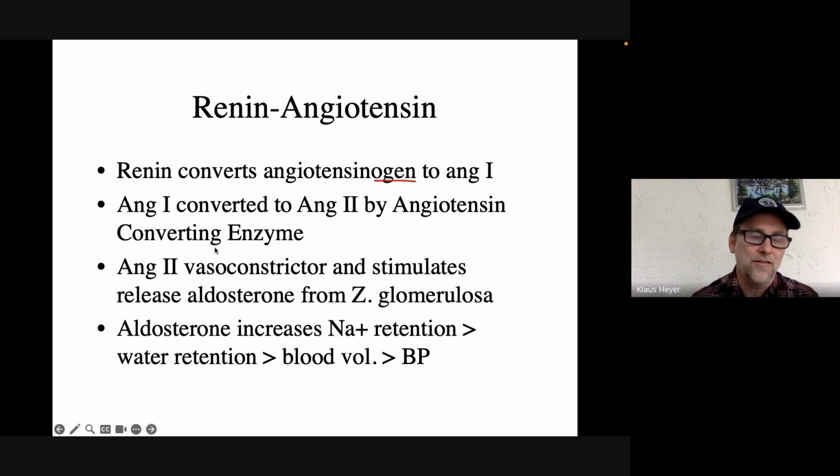That's what one class of medications does. So you could stop it there, or there's renin inhibitors. You can stop it all the way at the beginning at renin. They're not as popular, but so that's the second question.